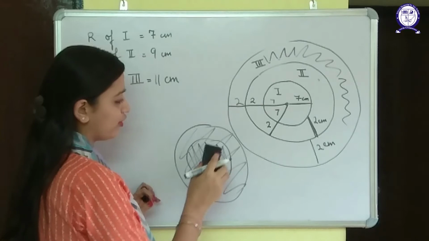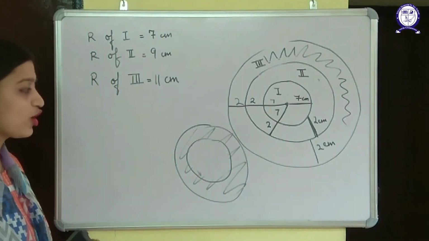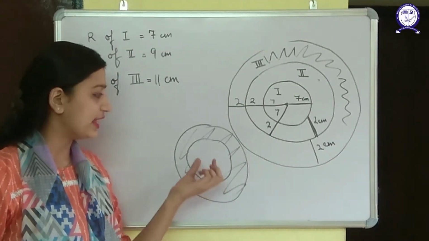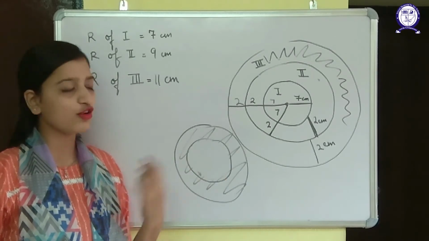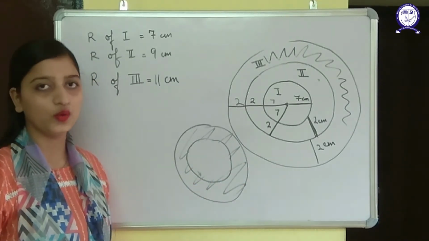So I will be left with only the outer portion. Okay, because it was included in the third circle's area, then I subtracted the second circle area from it. I will get the area of this outer portion only.